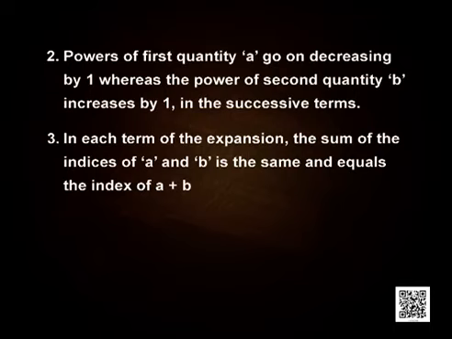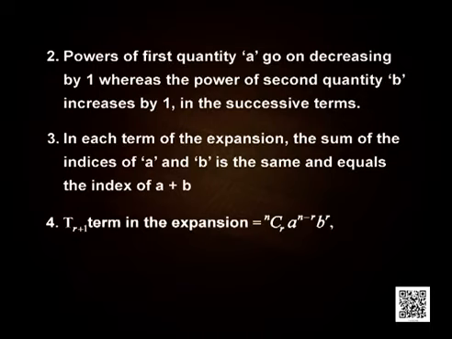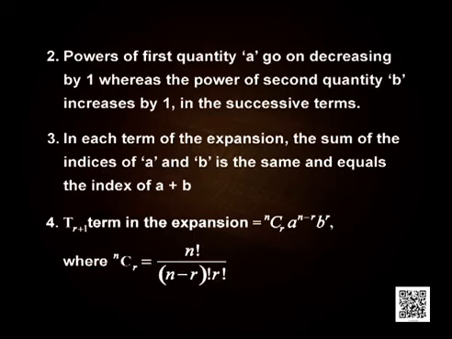At the same time, the general term T(r plus 1), the (r plus 1)th term, is given by nCr a to the power n minus r into b to the power r, where nCr is n factorial by factorial of n minus r times r factorial, right.